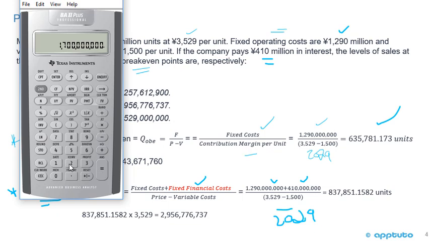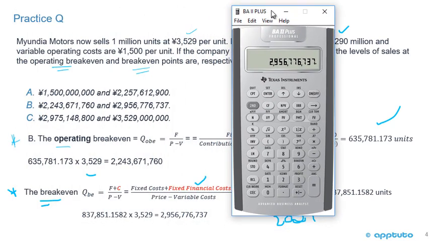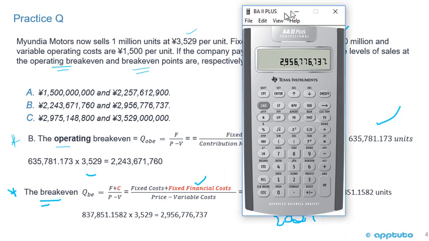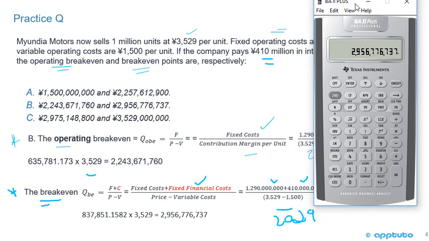I'm going to divide by my 2,029, and I've got my break-even number of units. Then I'm going to multiply to get the yen value by the 3,529 selling price, and you can see I've got 2,956,776,737.